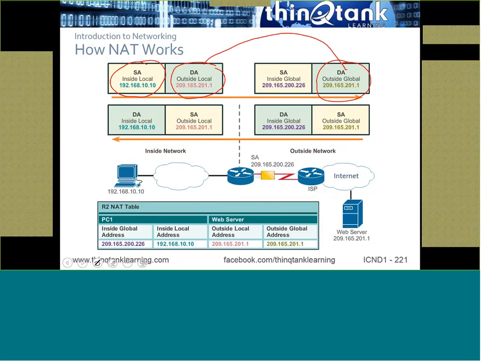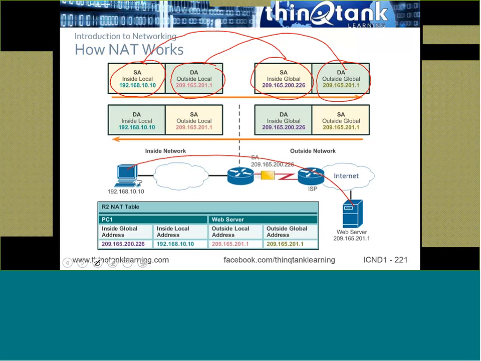So it's just a host on the inside of your network going to a web server, for example. Inside local gets translated to inside global. So the 192.168.10.10 address gets translated to 209.165.200.225.